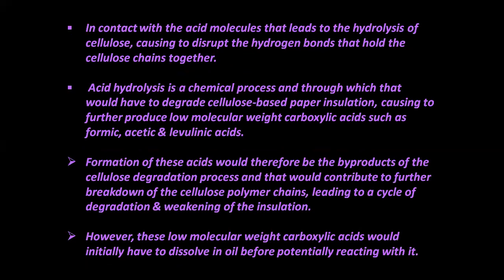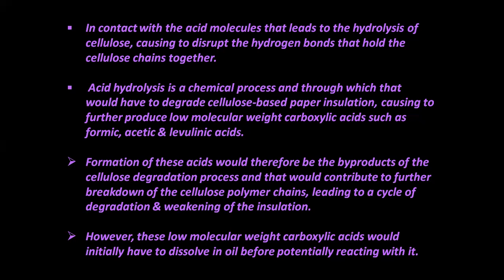In contact with the acid molecules, that leads to the hydrolysis of cellulose, that is acid hydrolysis of cellulose, disrupting the hydrogen bonds that hold the cellulose chains together. Acid hydrolysis is a chemical process through which cellulose based paper insulation degrades, further producing low molecular weight carboxylic acids such as formic, acetic, and levulinic acids.